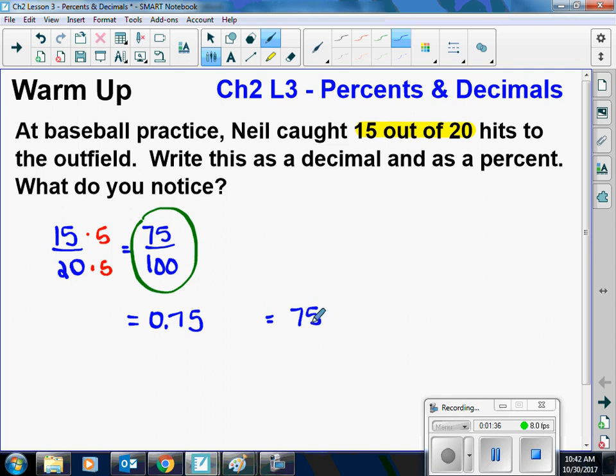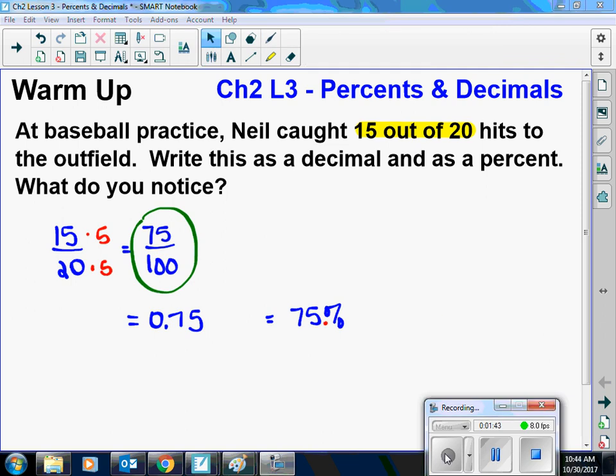Very good. Now, what do you notice about these two numbers? What you can notice here is that the decimal in 75 hundredths is between the 0 and the 7. And if we moved that decimal to the right 2 places, that would give us the 75%. Is everybody clear with that?